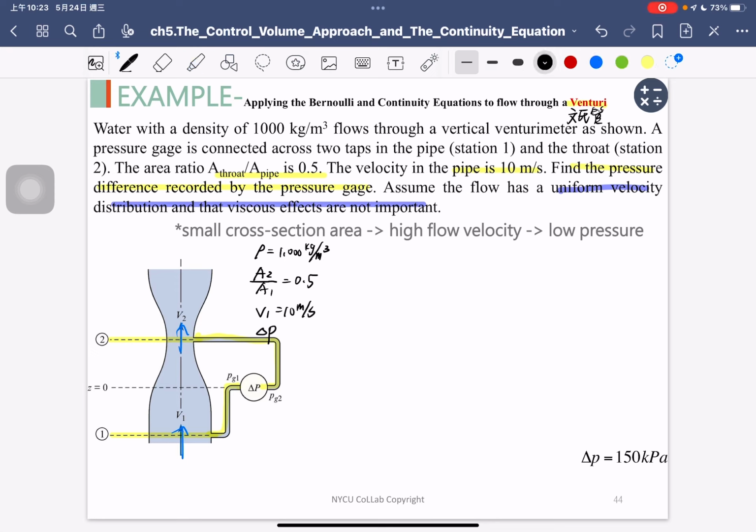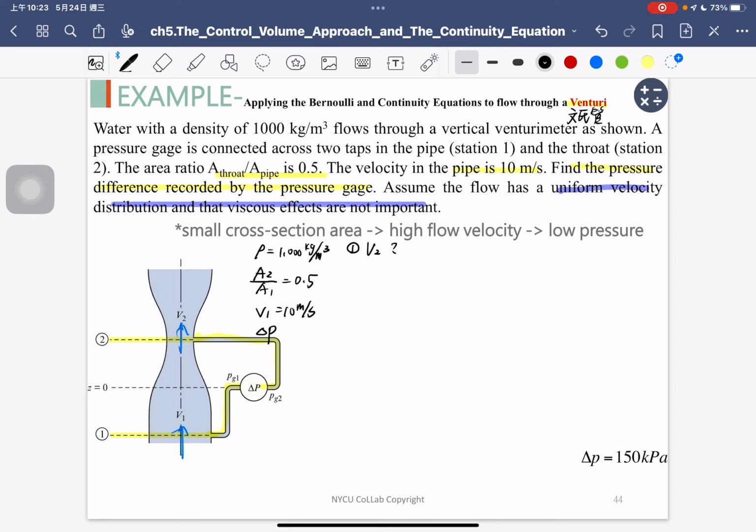So that's the first question. If we know the velocity V1 and we know the area ratio, can we predict V2, how large it is? Yes, we can, because we have the continuity equation, uniform flow and ideal flow.